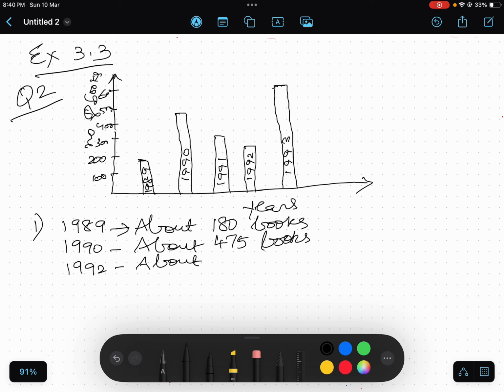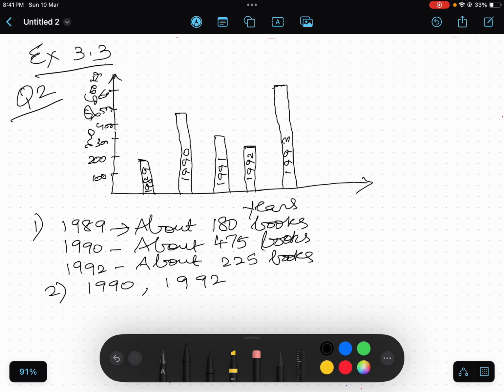You just have to see the height of the bar. Then the second question is: in which year were about 475 books sold? So that was 475. It was in 1990. And then about 225 books were sold in 1992.